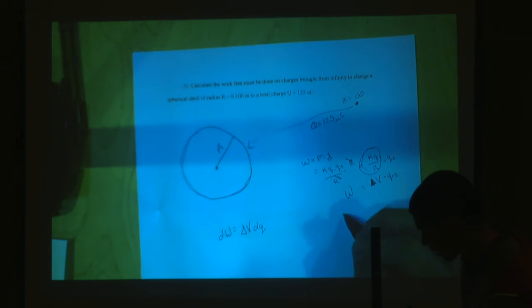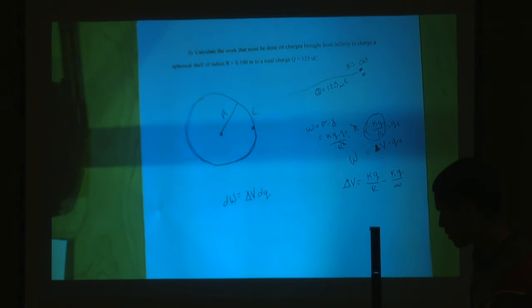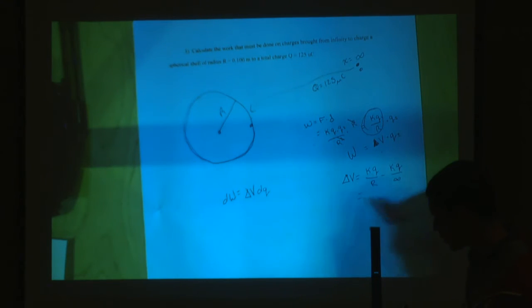Just to break it up more elaborately, dq delta V is equal to K times the charge over R, because that's our final position in space, and then our initial position in space will be at infinity, so KQ over infinity. Simplifying that, it's just KQ over R, right?